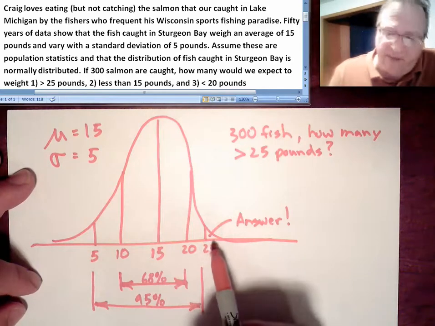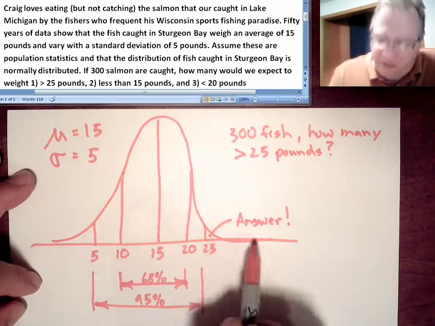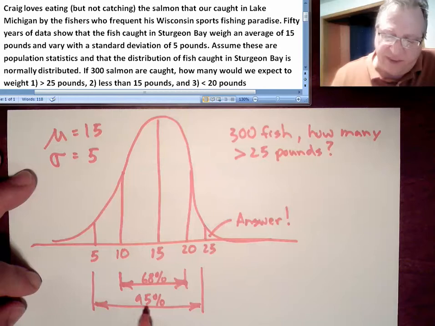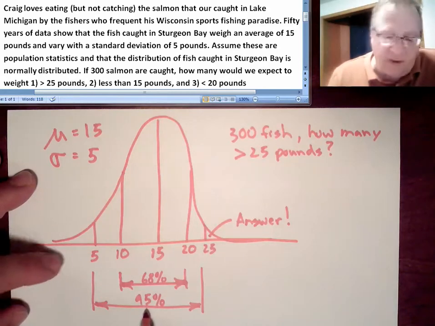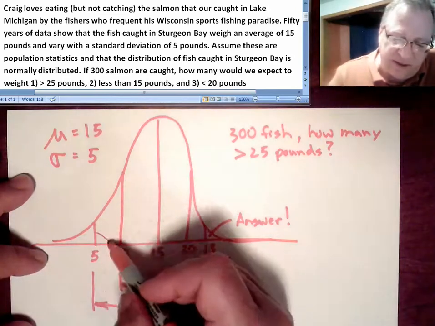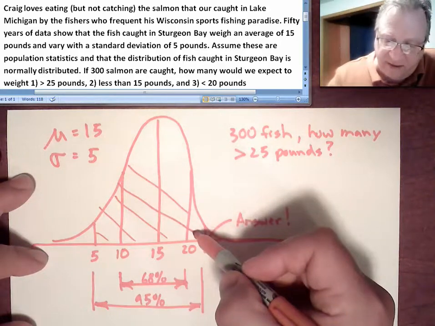How do we do that? How do we calculate the area in that little funny shaped space? Well, we use this fact right here. We know that 95% of the area under the curve is all of this in here.